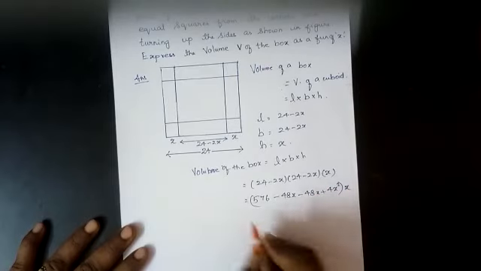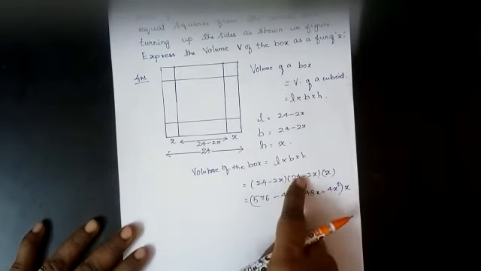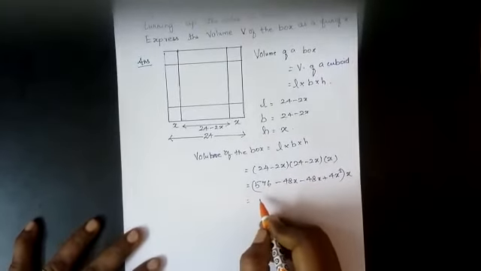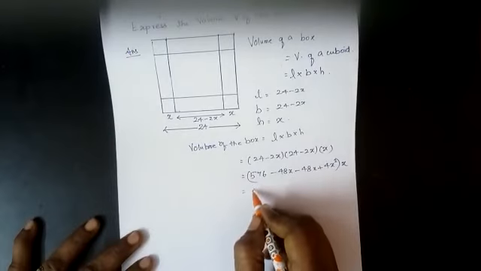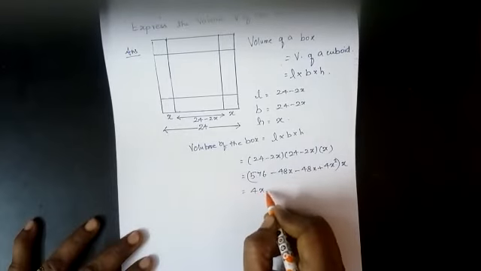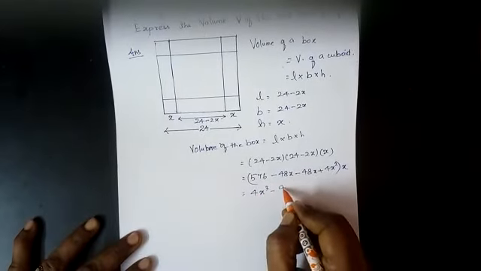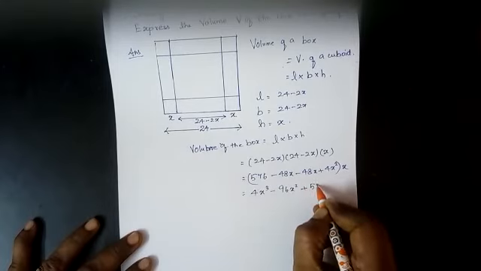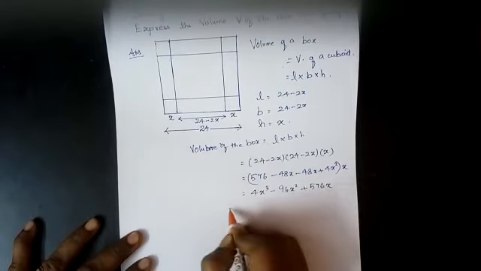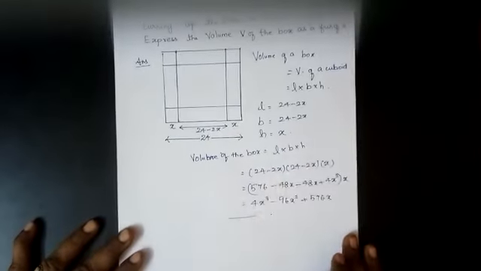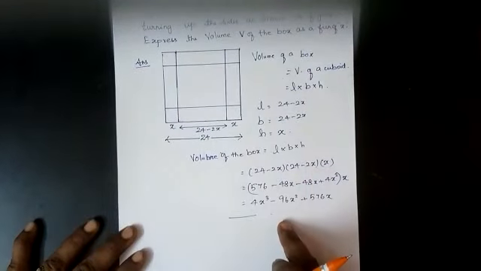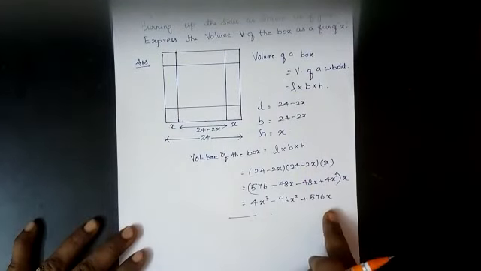The x is outside. First we are bringing out the product of this. So the final answer will be 4x cube minus 96x squared plus 576x. This is the expression of the volume of the box as a function of x.